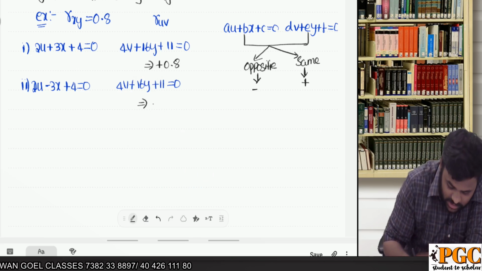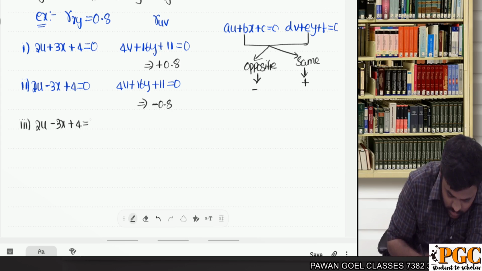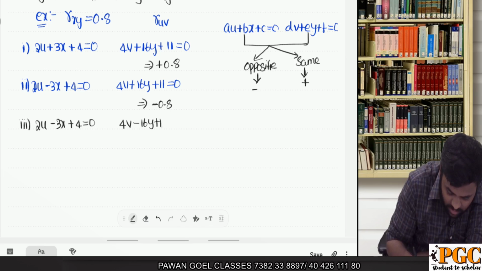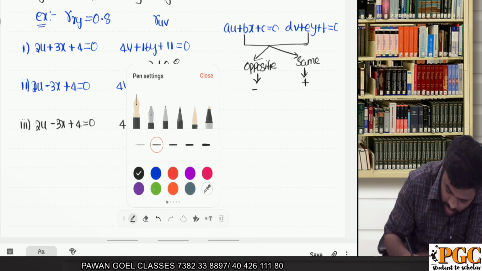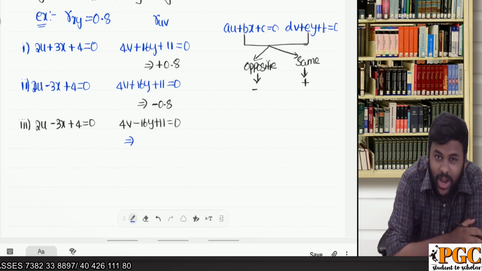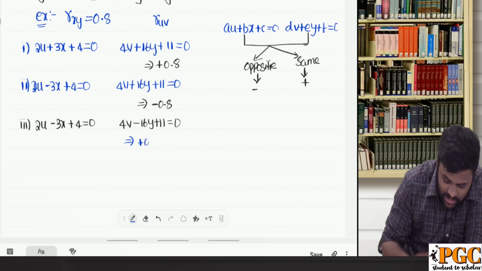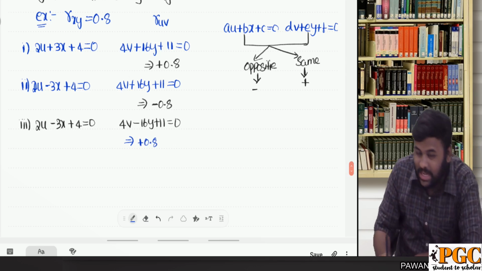So the final answer is supposed to be minus 0.8. Next, in the third instance, 2u minus 3x plus 4 equal to 0 and 4v minus 16y plus 11 equal to 0. In this case, can I say x and y both are having the same symbols? Since they are having the same symbols, the answer will be plus 0.8.